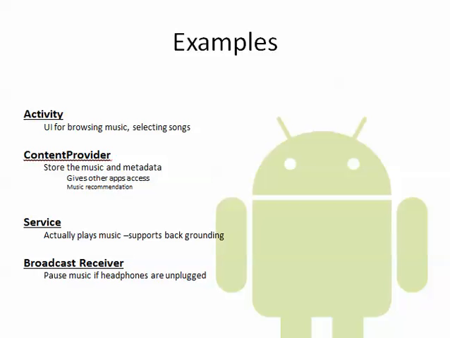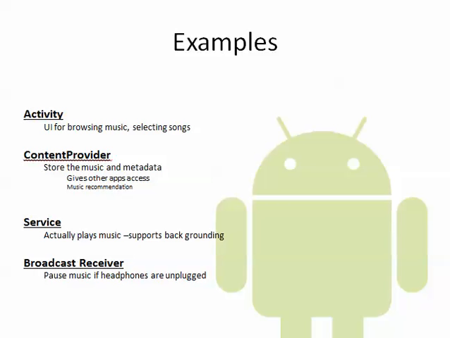So here in this example, let's suppose that we have an application in which the activity is the user interface for browsing music. Again, the activity is something that is visible and has some interaction with the user. Now, the content provider is maybe some information about the music that you have, and you want others to access that information, maybe your favorite song, or data about which one you play more often.